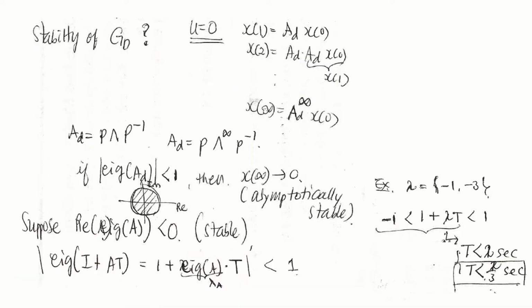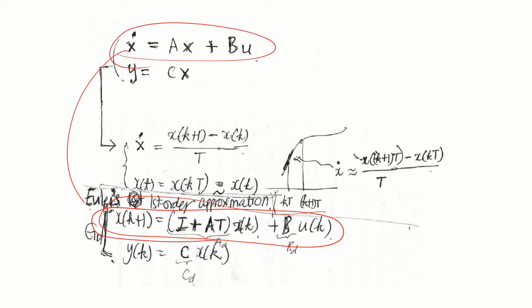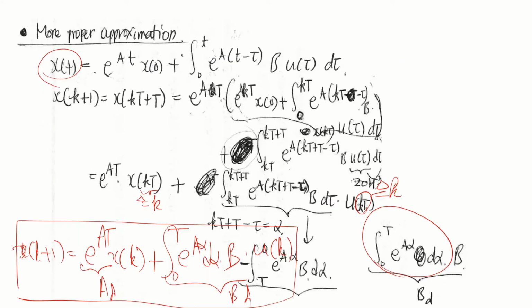Remember, we had this after Euler's first-order approximation. Now this one becomes x of k plus 1 equals A_d x of k plus B_d u of k. Now after this more proper approximation, this x of t becomes x of k plus 1.